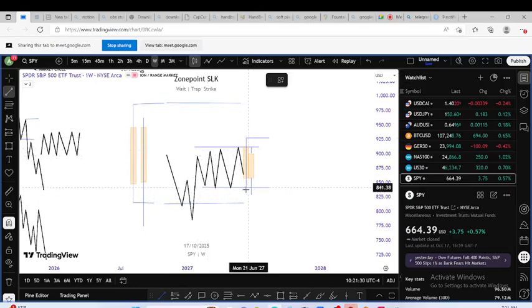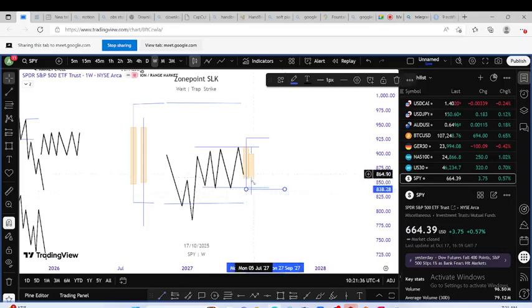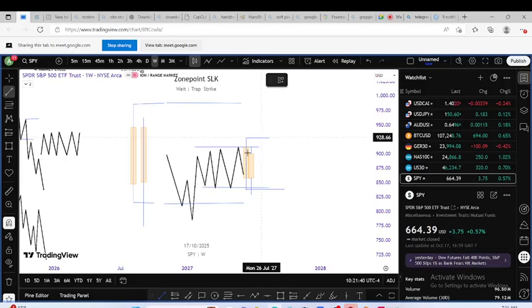And what did we see? We saw that price swept this previous low. So now our next target will be what? Our previous high here, or this next candle here, will be our next target.